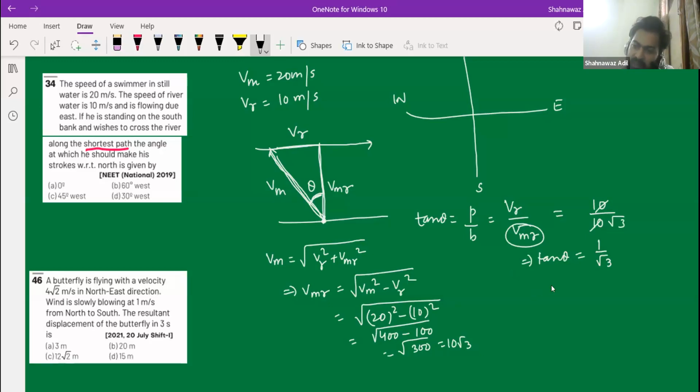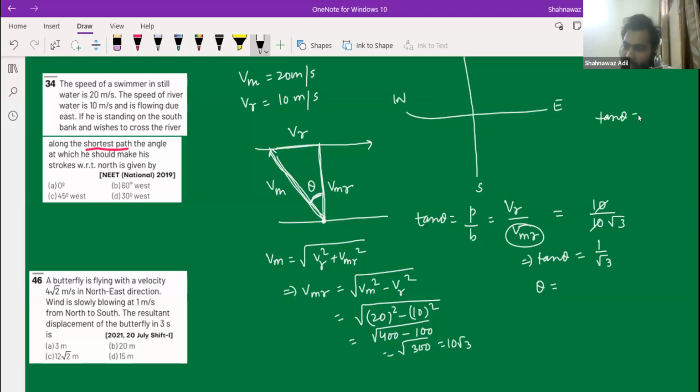So what would be this theta? At what angle is tan theta 1 by root 3? Alia and Nabi, what would be this theta? So tan theta is 1 by root 3.